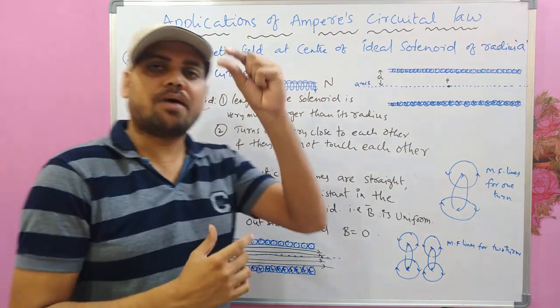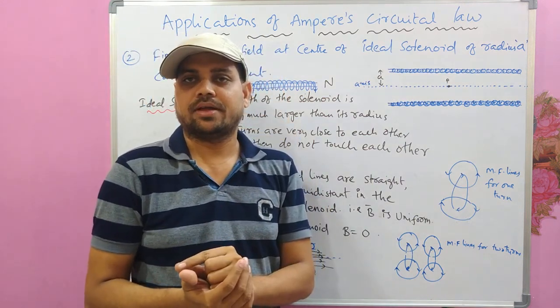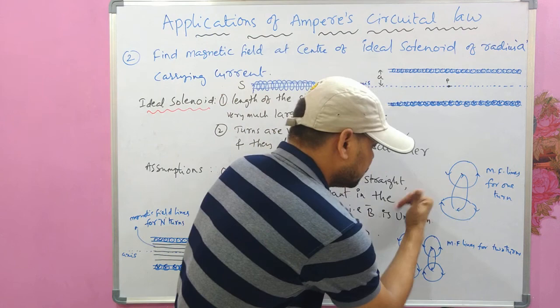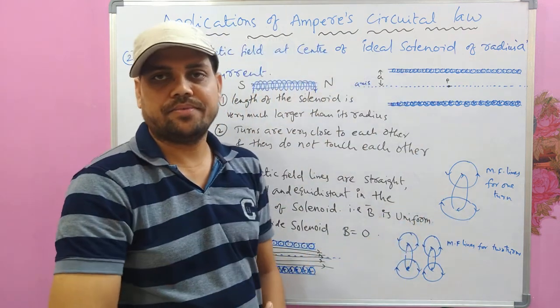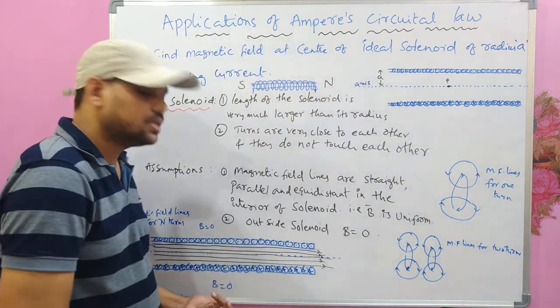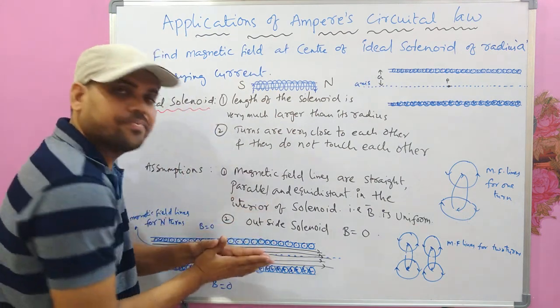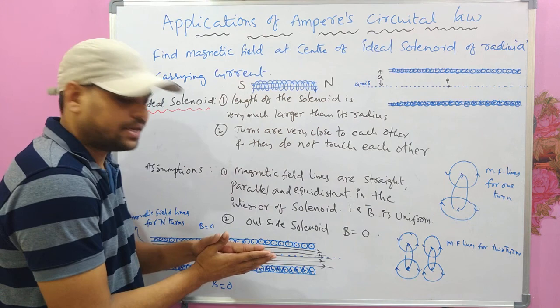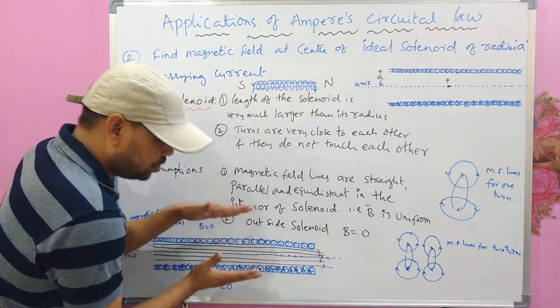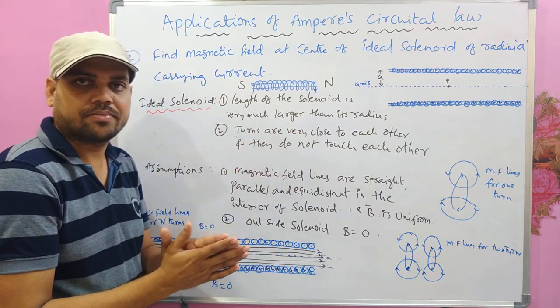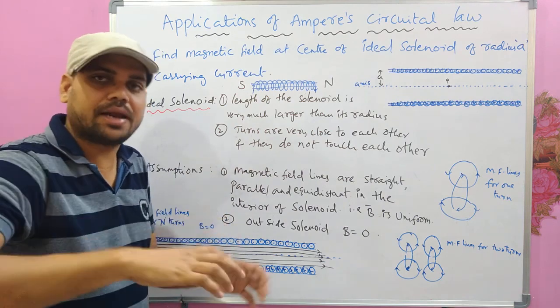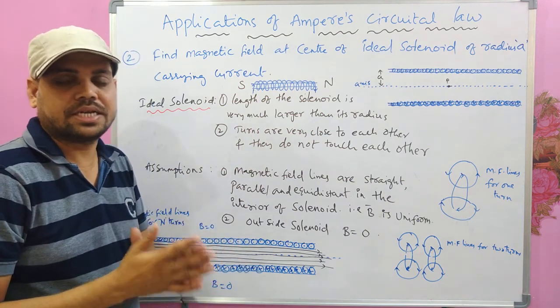And because of its small radius, the outside magnetic field is considered as 0, because it is very small, and the magnetic field strength is uniform inside, because the field lines are parallel, equidistant, straight.